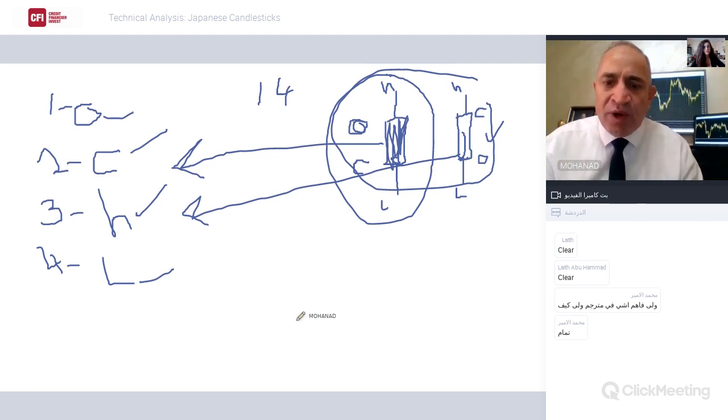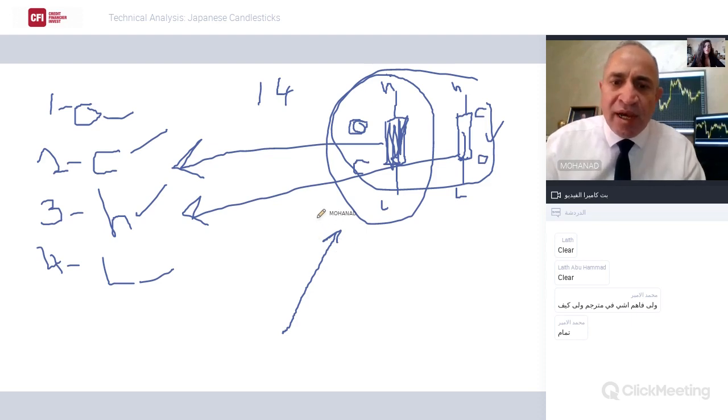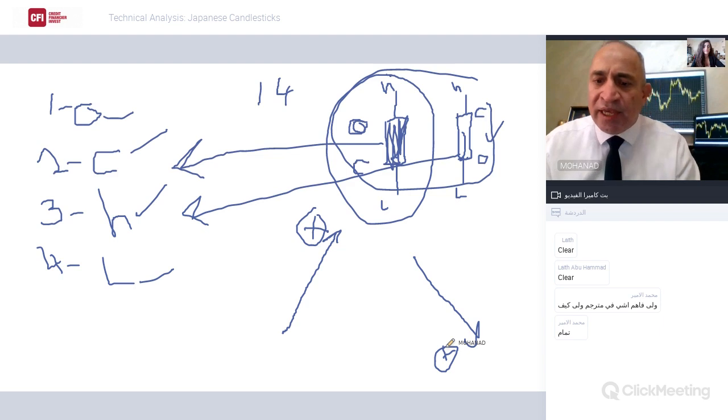As we said, one of the most important points in our lecture today: the reversal candlestick must appear at the end of an uptrend or at the end of a downtrend. These are the reversal candlesticks. I will repeat.